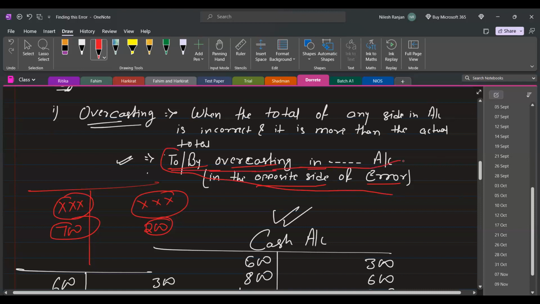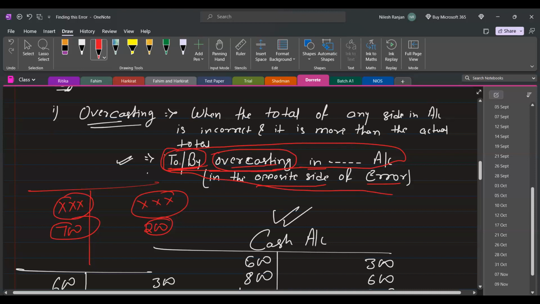Overcasting, because the error is overcasting. And "to" or "by" will be written on the basis of the side. If it is to be written on the debit side, then we will write "to". If it is to be written on the credit side, then we will write "by".